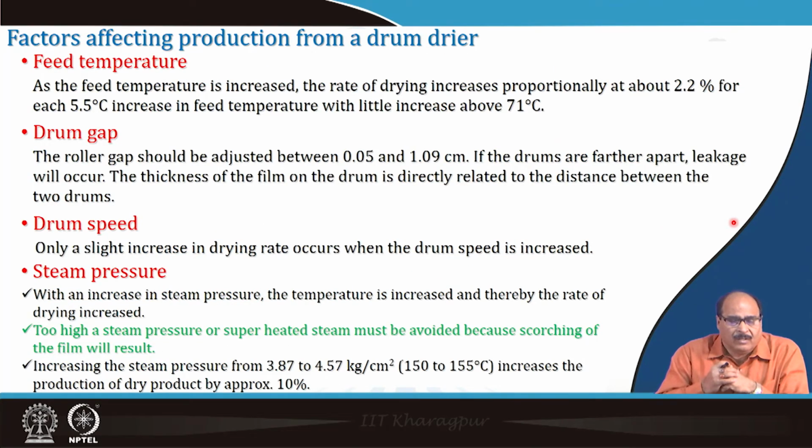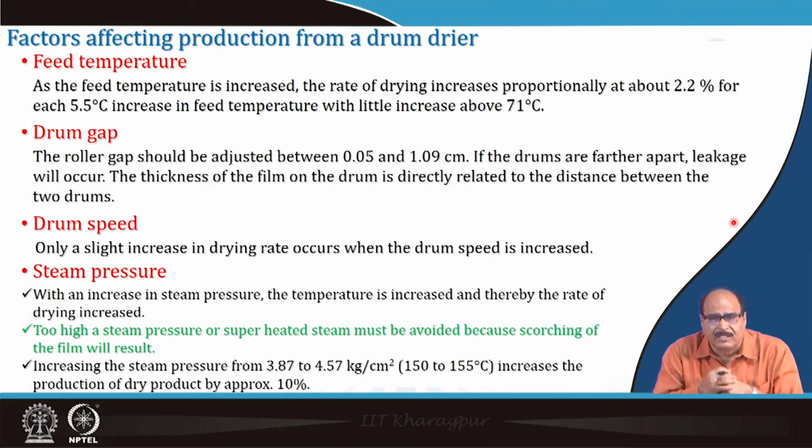Okay. So the factors which influence the production from a drum dryer are the feed temperature, drum gap, drum speed, and steam pressure, etc. If the feed temperature is high, then the drying rate will be high. But we are discussing especially fruits, vegetables, and such other commodities which are heat sensitive materials.